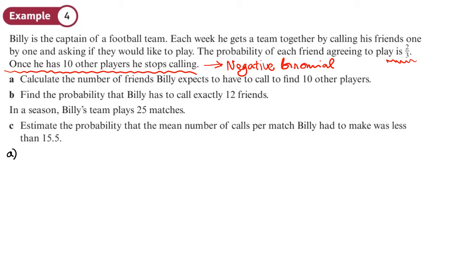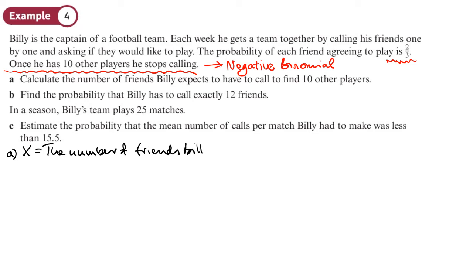And it says calculate the number of friends Billy expects to have to call to find 10 other players. So the first thing we do is say our random variable, we use x in this case. What does x stand for? Well, it's going to be the number of friends Billy expects to call.